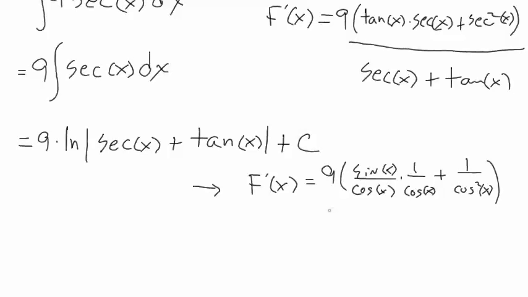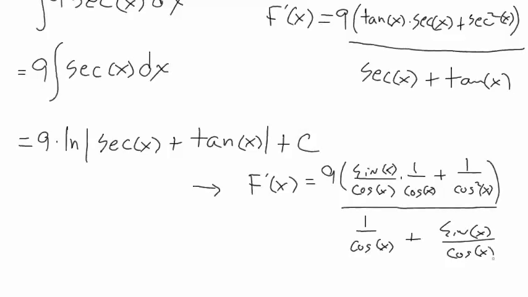And then, what do we have going on now? We're turning everything into sines and cosines. So we have 1 over cosine x plus sine x over cosine x, that's what the tan would be there.